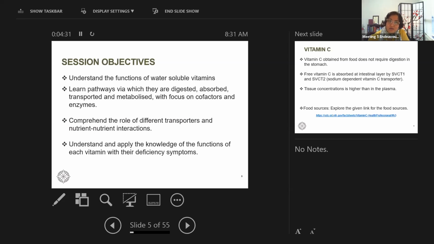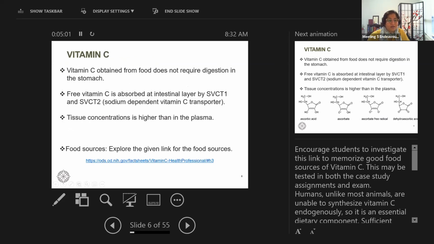Then when you're taking your notes, keep underlining the cofactors so that you have in your clinic preparation, when you are choosing those multivitamins or supplements, be aware which nutrient supports absorption of that particular vitamin, and sometimes too much of it can actually inhibit absorption of some of these water soluble vitamins. So we'll go through that today.